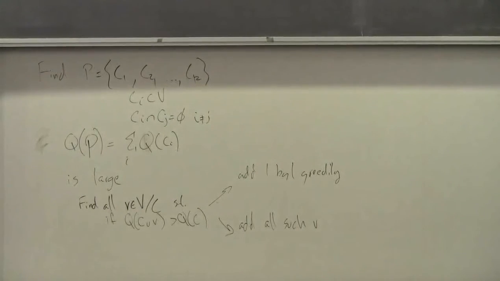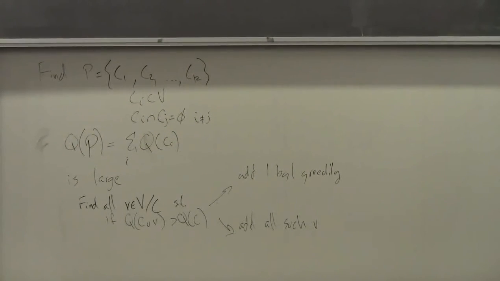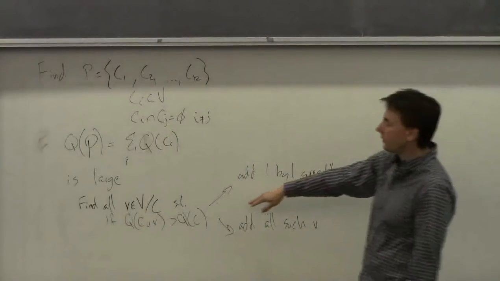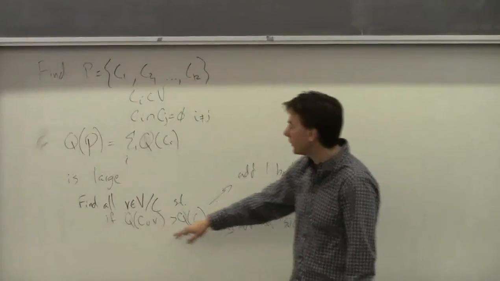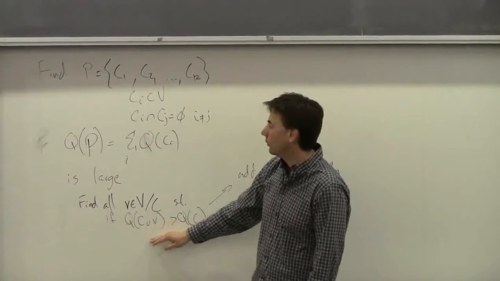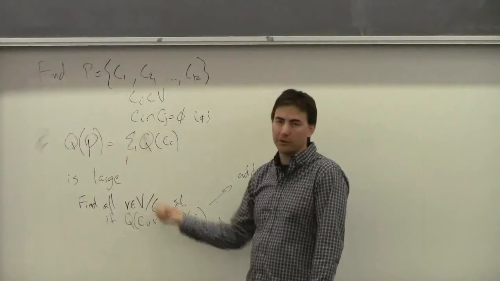But say if you are adding one vertex which increases the modularity, then it might decrease the modularity of the other community, right? Yeah, it's possible. So this is only finding a single community. But you could also do the same thing where this was measured over the entire partition, and you're swapping one vertex from one to another.